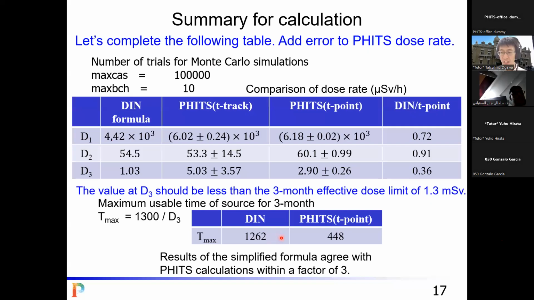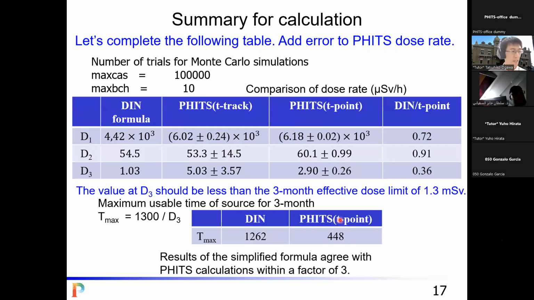They agree more or less by a factor of 3. And concerning one of the questions on Zoom chat, what is the requested accuracy of these calculations? FITS itself can be accurate up to some percent. In this calculation, the uncertainty was about 10%.